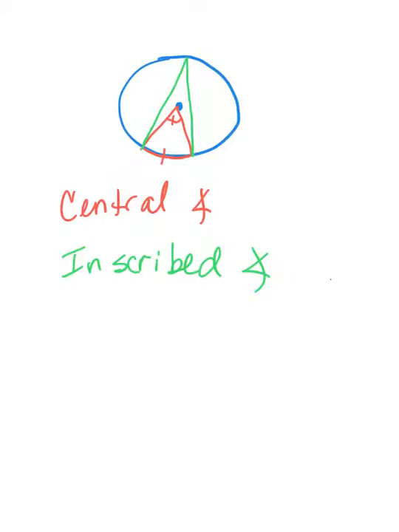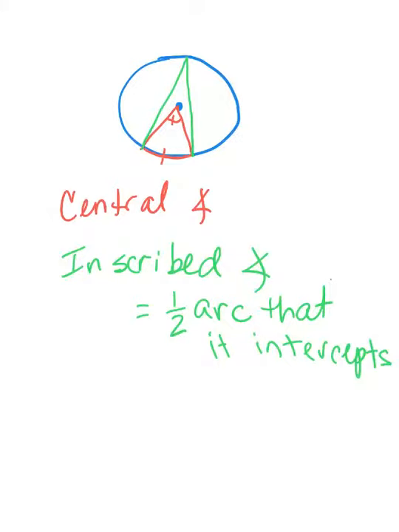So the green angle equals 1/2 of the arc that it intercepts. Okay, so it's 1/2 the arc that it intercepts. So if this red angle here is 40, how much does the arc measure?